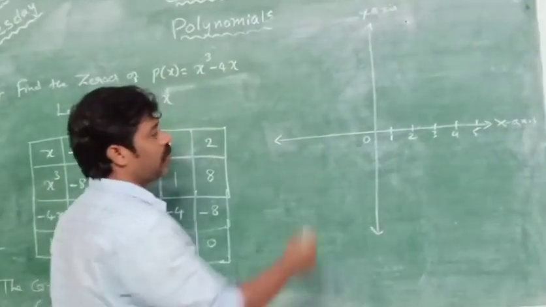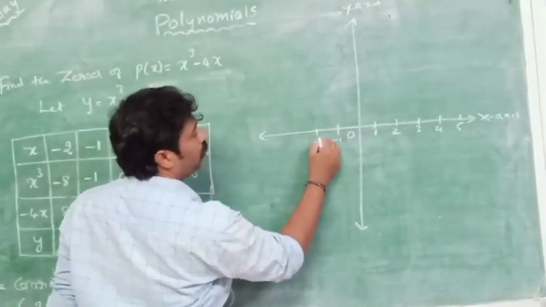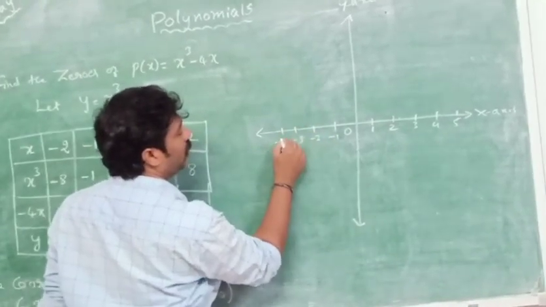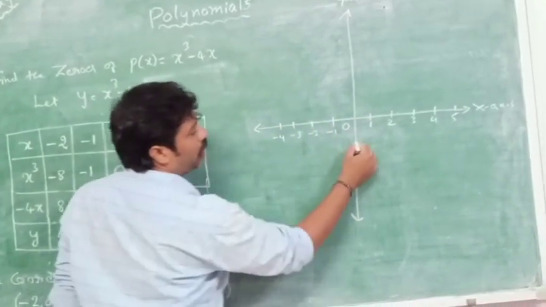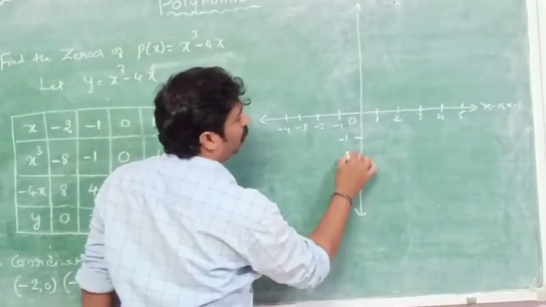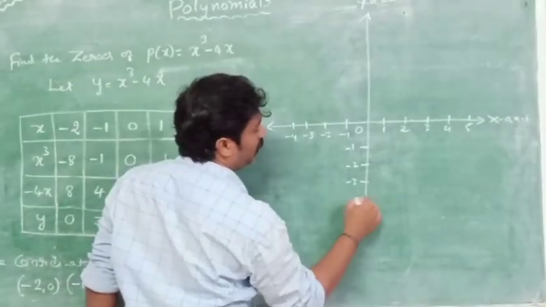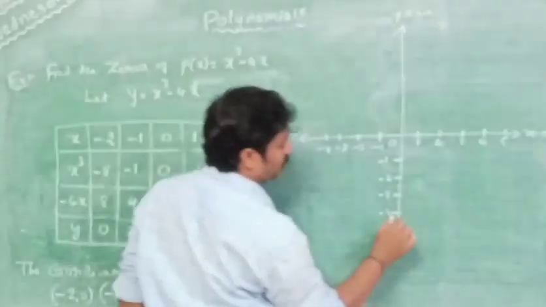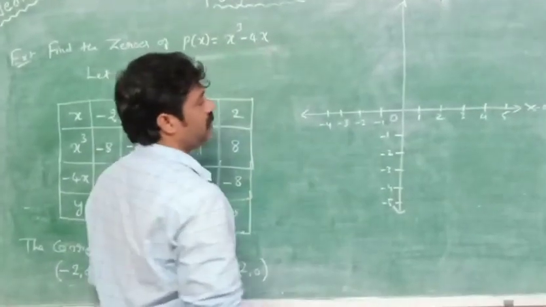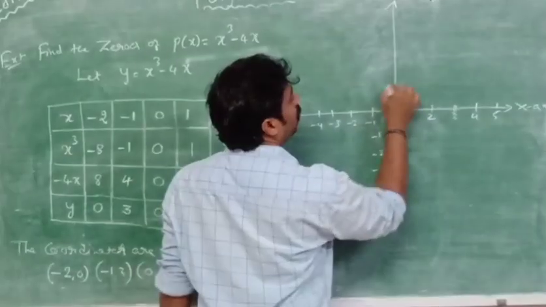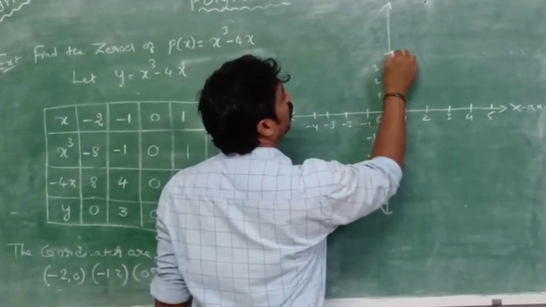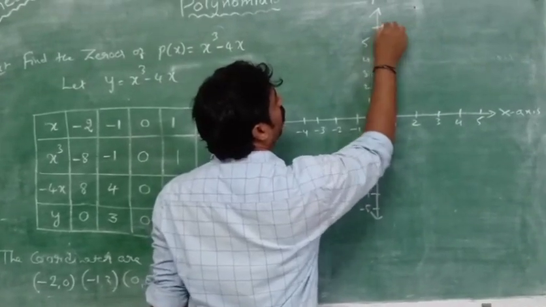Similarly on the negative side, minus 1, minus 2, minus 3, minus 4 and minus 5. Similarly on the positive y-axis, 1, 2, 3, 4, 5 and 6.